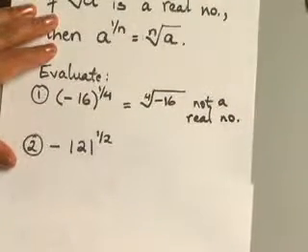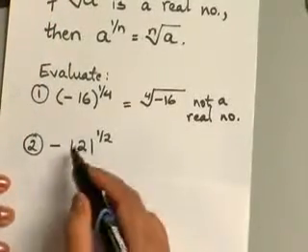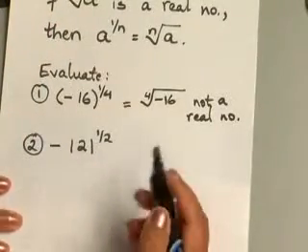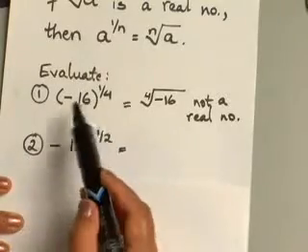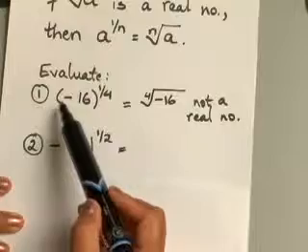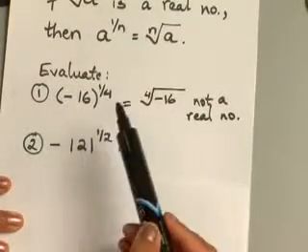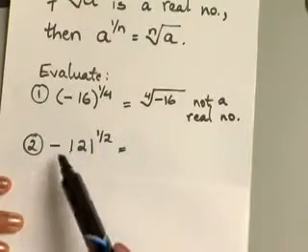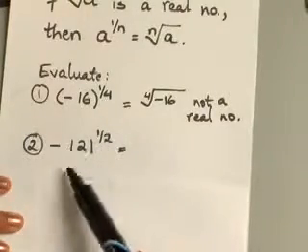Let's take a look at another example. You have negative 121 to the 1/2 power. Now you will see the difference between number 1 and number 2 here. In number 1, we had negative 16 in parentheses and then the exponent of 1/4. In number 2, you have negative 121 and then the 1/2.